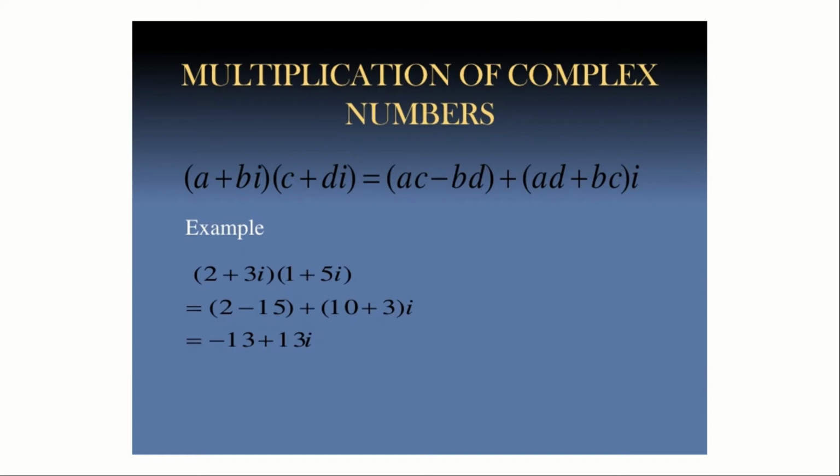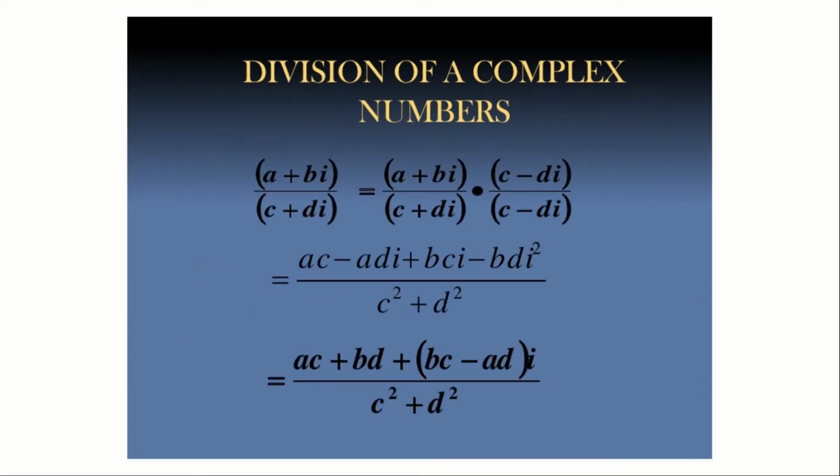For example, if we need to multiply 2 plus 3i into 1 plus 5i, then we have to multiply in groups. That is 2 into 1 minus 3 into 5, that is 15, plus (2 into 5, that is 10, plus 3 into 1)i. So here we will obtain minus 13 plus 13i. Here minus 13 is the real part and 13i is the imaginary part.